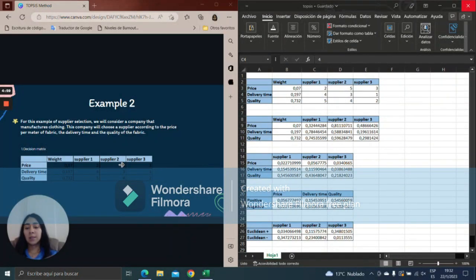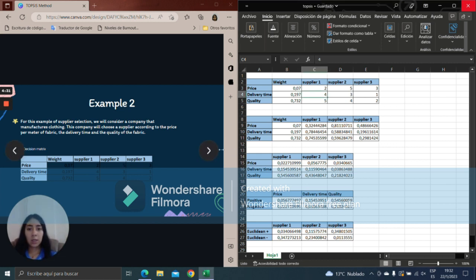Now we have the second example. For this example of supplier selection, we will consider a company that manufactures clothing, and this company will choose a supplier according to the price per meter of fabric, the delivery time, and the quality of the fabric. First, we have the decision matrix where we have the criteria, the weight of each criterion, and the three suppliers.